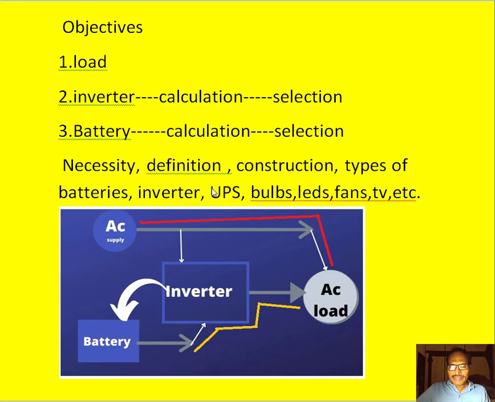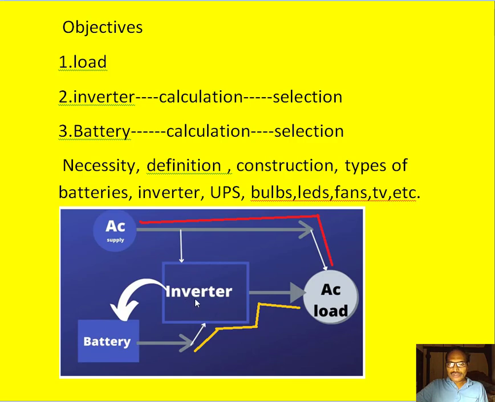When we see the definition of the inverter, it takes the DC input and gives the AC output so that the AC loads can be run continuously. Coming to its construction, we find the AC supply connected to the AC loads like this, and the same AC supply is also connected to the inverter, and the inverter is also connected to the battery.